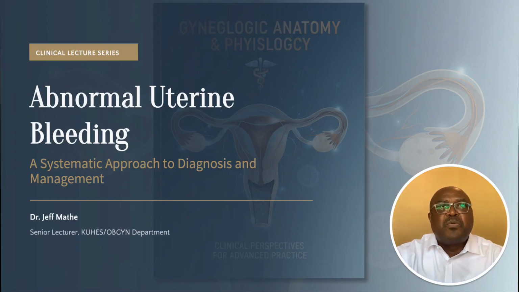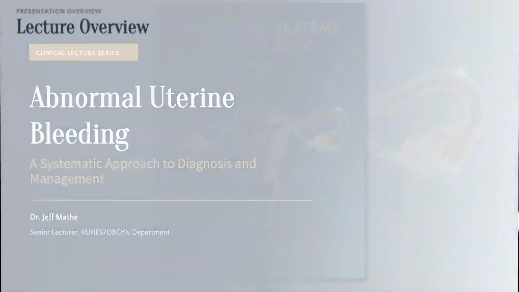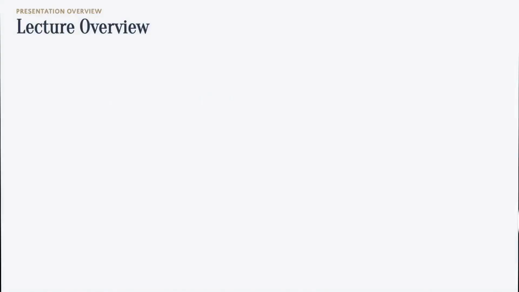So let me walk you through our agenda for today. We'll begin with the epidemiology and the clinical significance of abnormal uterine bleeding, establishing why this matters so much to our patients.